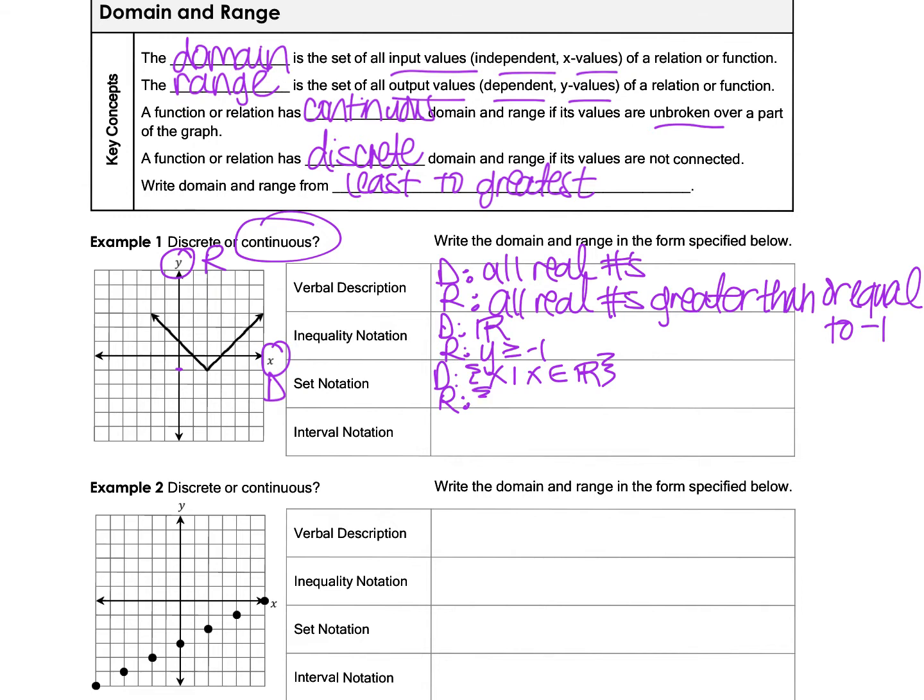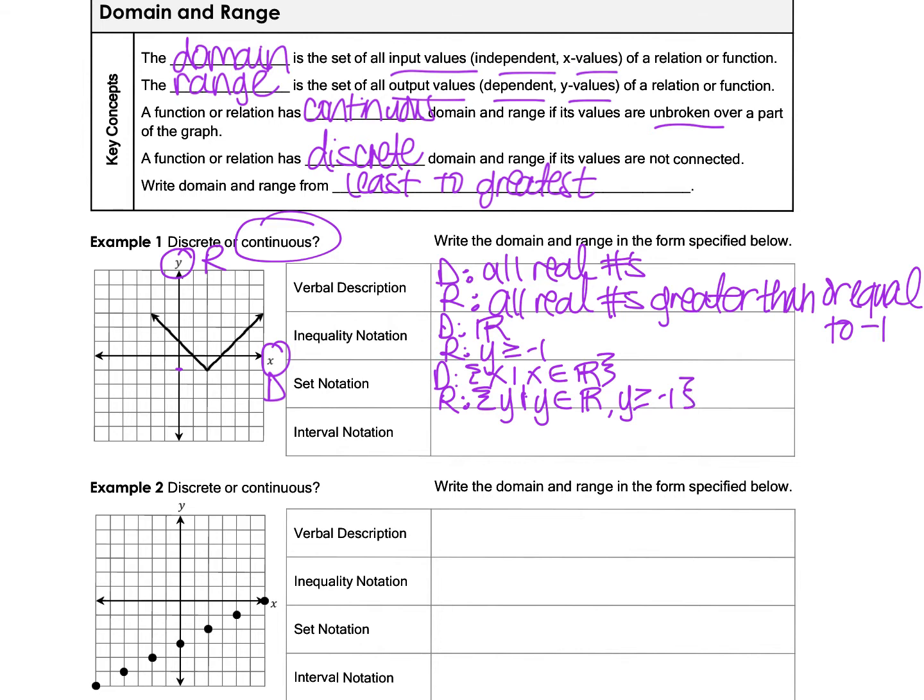I'm going to use my curly bracket. I'm now using a y because we're talking about the y. Every time you do set notation, you have to use the y and that straight vertical line, another y, then element of, and then all real numbers that are greater than or equal to -1.